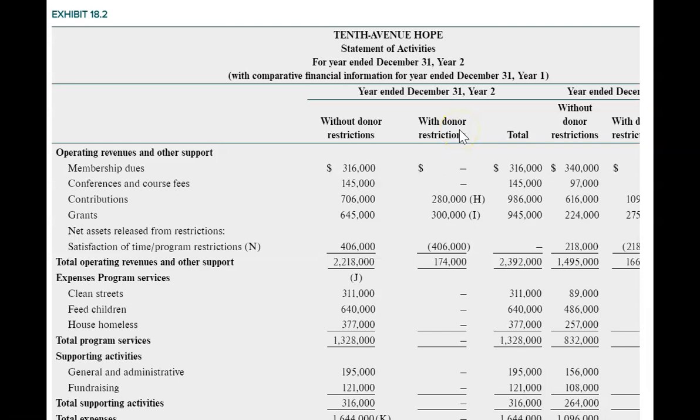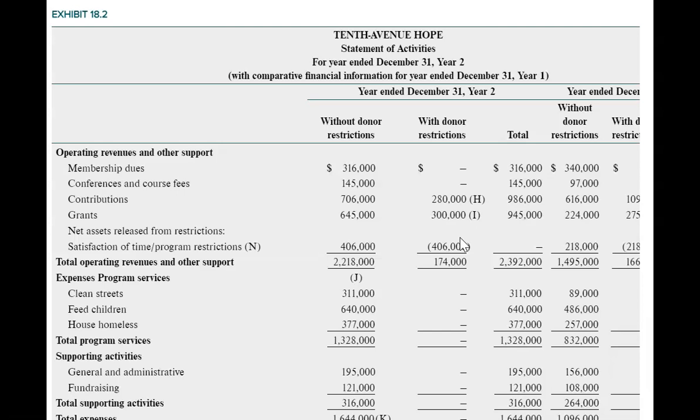Now I'll remind you of 2 important things. Number 1, there might be some donations with donor restrictions, and the restrictions are fulfilled either by time or by specific purpose or task.